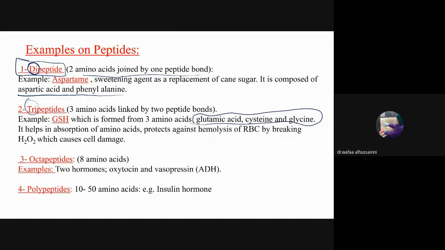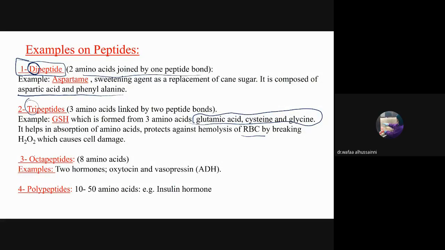And this protein breaks down the hydrogen peroxide, which causes cell damage. So it helps in absorption of amino acids and protects against hemolysis of red blood cells by breaking down the hydrogen peroxide that can cause cell damage.